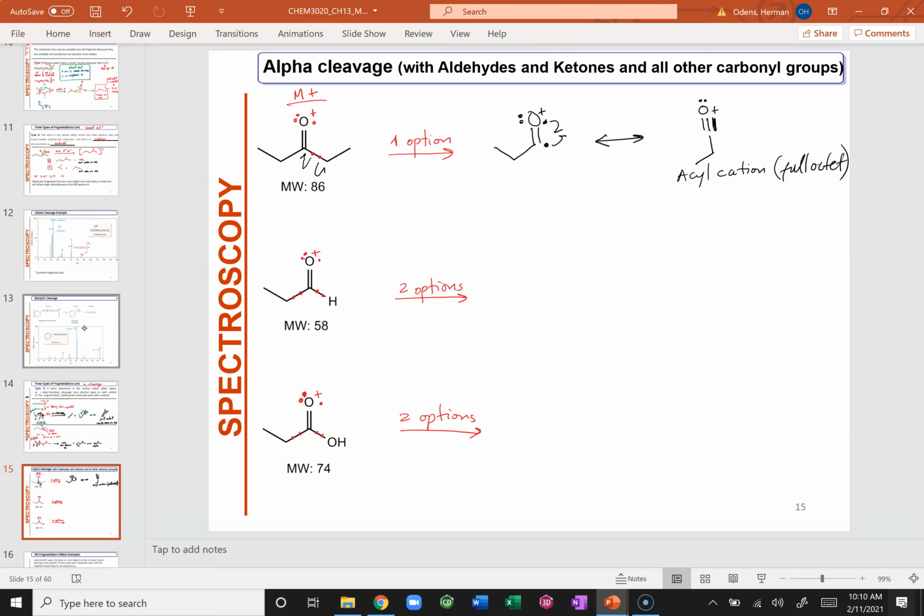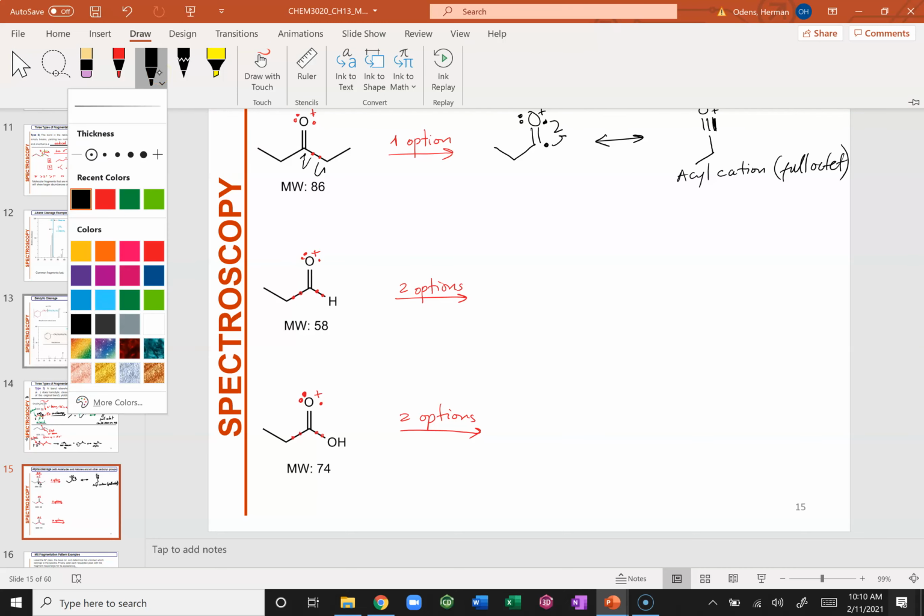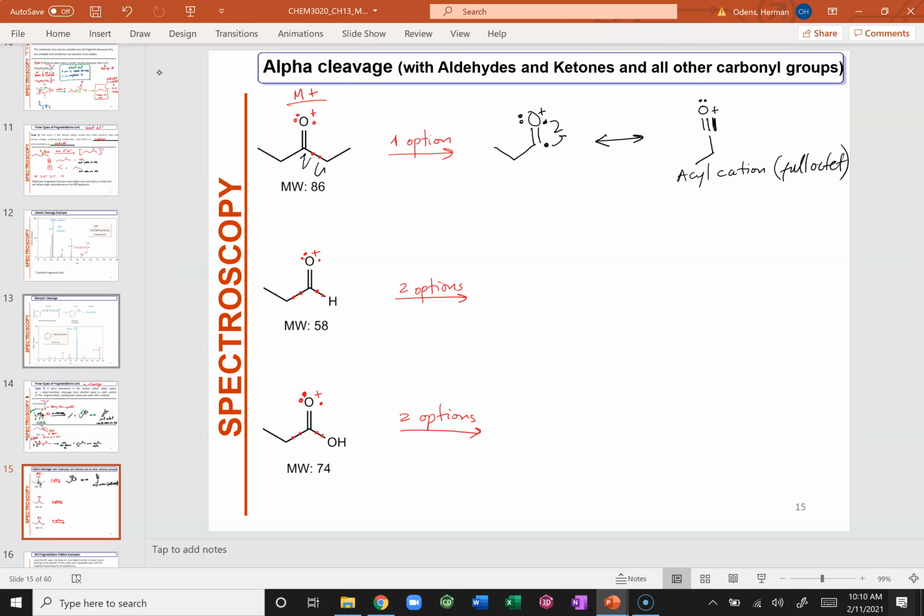All right. So let's take a look at the next example, the aldehyde. The aldehyde has 2 options. You can make the acyl cation, and you can make the acyl cation with a hydrogen attached. So let's call this option A. I'm gonna break this in half.